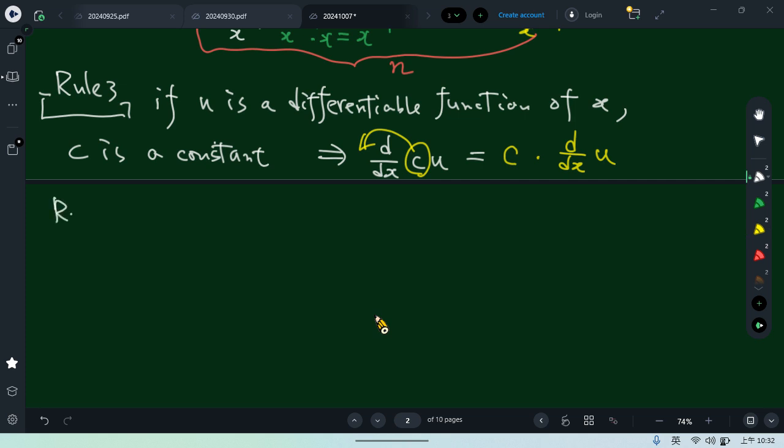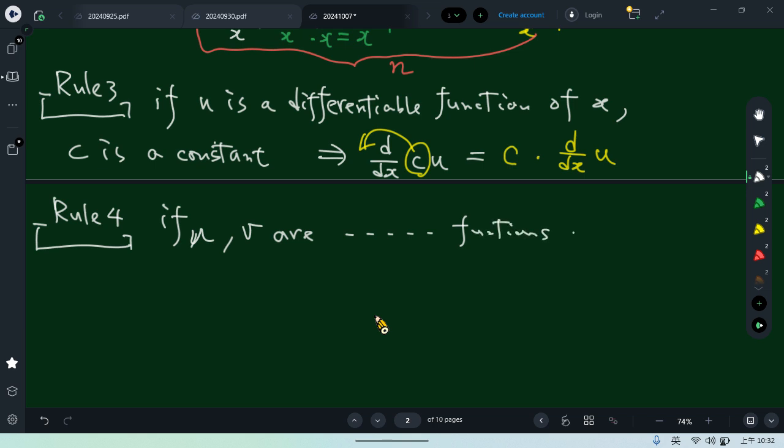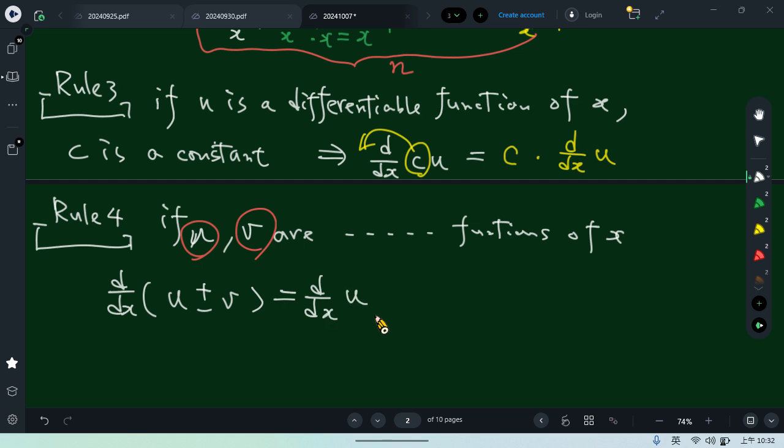Then rule number 4: if we have two functions, u and v, that are also differentiable functions of x, then when you differentiate u plus or minus v, you can differentiate these two terms respectively, and finally just add or subtract them together.